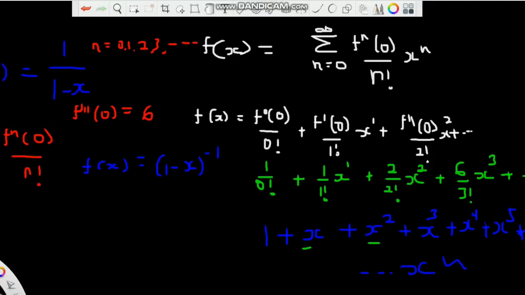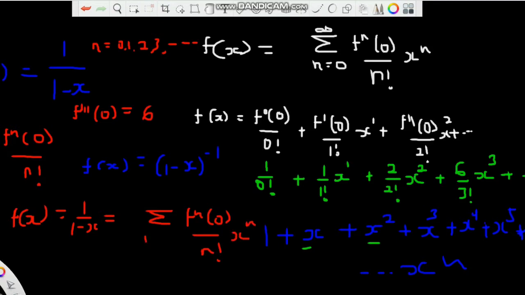So I now can write f of x to be equal to 1 over 1 minus x, and this is equal to the sum of the power series f to the n of 0 over n factorial, multiplying x to the power of n, for n starting from 0 to infinity. Now instead of writing this whole thing here, I can write x to the power n there.